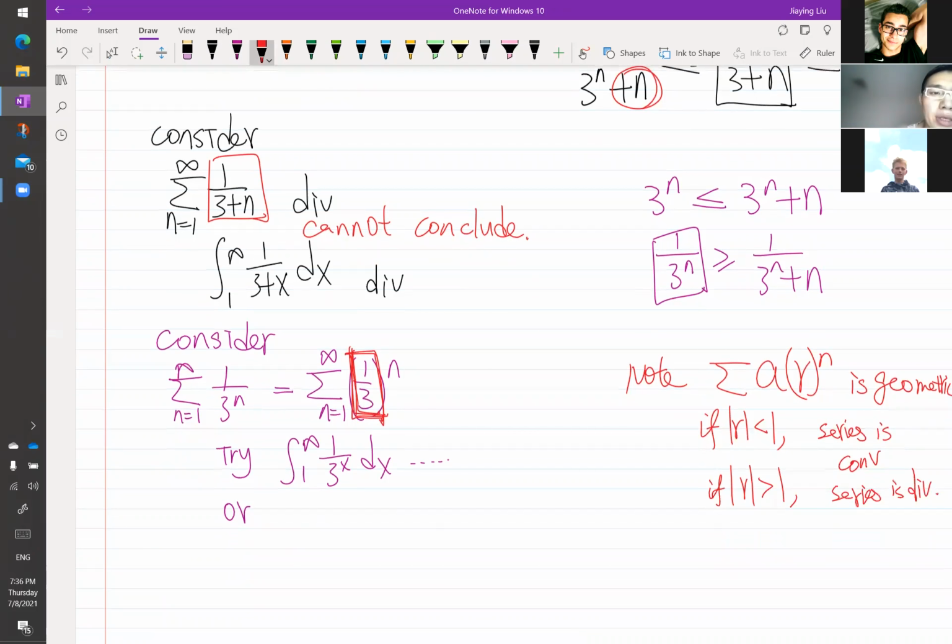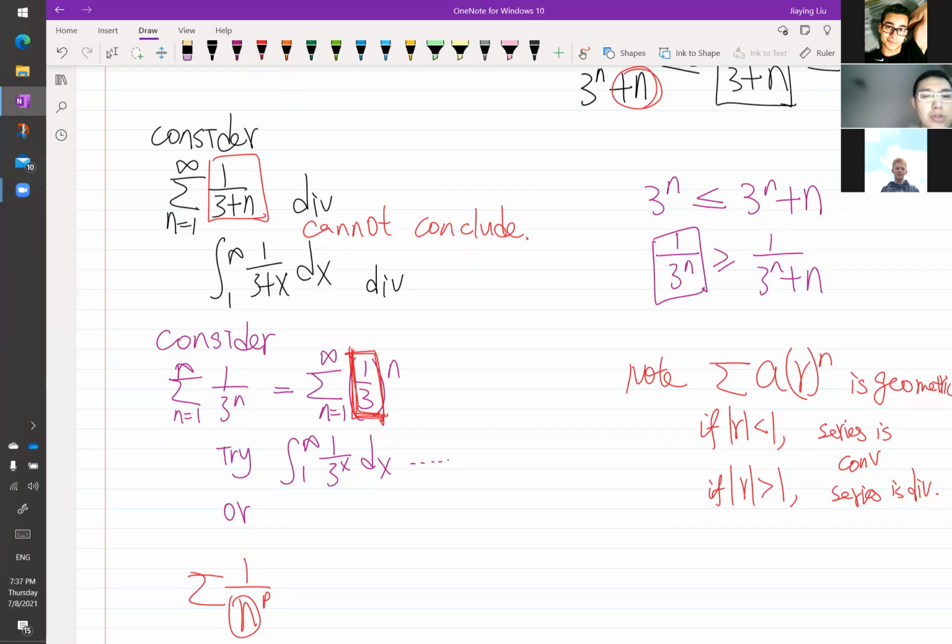So here, the 1/3 raised to the power n tells us that 1/3 is just the ratio. You cannot do the p-test because it's not 1/n to a power. Here, what's changing is the exponent. In the p-test, 1/n to the p, the n is changing in the base, and p is constant.